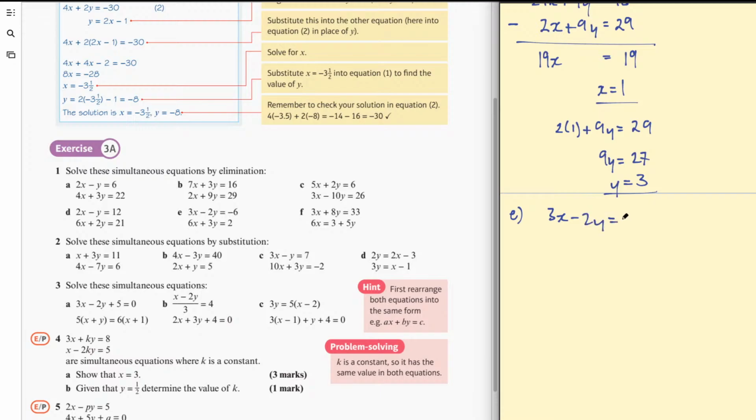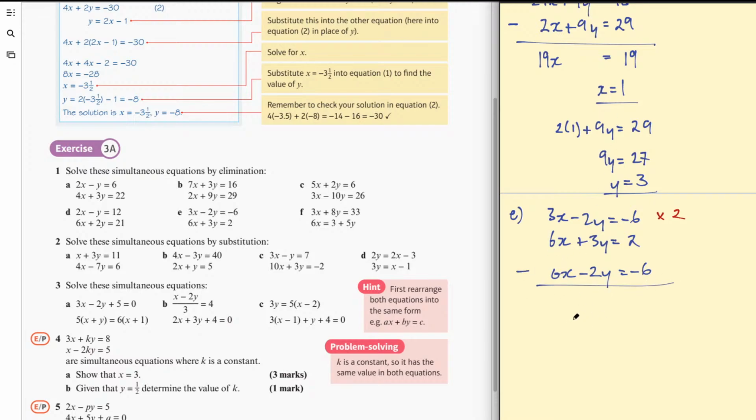3x take 2y equal to negative 6, and 6x plus 3y equal to 2. This is my next problem. Again, we could use elimination, but we're going to have to multiply them both. Sorry, multiply the first one by 2. Then we get 6x take 4y equal to negative 12. And we could actually subtract this from the second equation.